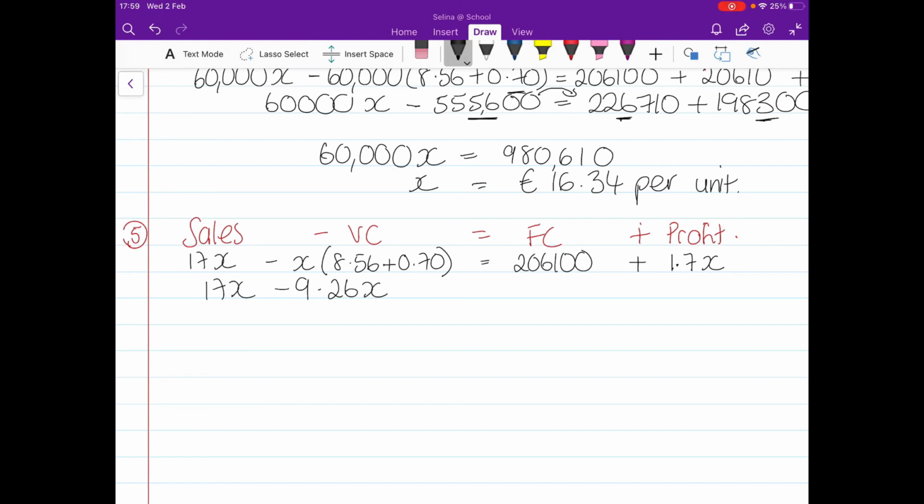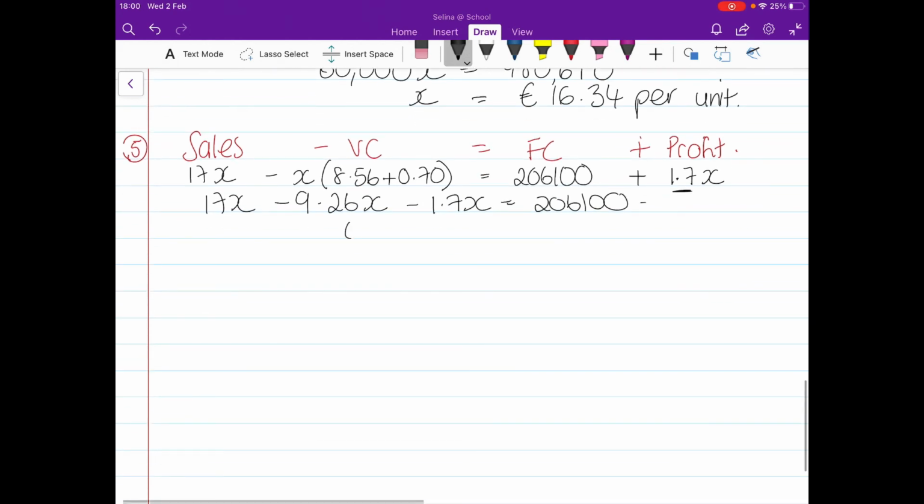And while I'm here, I may as well bring the 1.7x across, becoming a minus 1.7x, is equal to €206,100, which leaves me with 6.04x is equal to 206,100, and x, divide both sides by the number in front of x, which is 6.04. So x works out at 34,123 units.